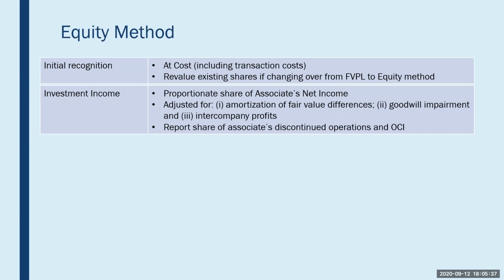And also for OCI, if the associate reported any other comprehensive income, the investor will report other comprehensive income on its own statement of comprehensive income related to its share of the associate's OCI.